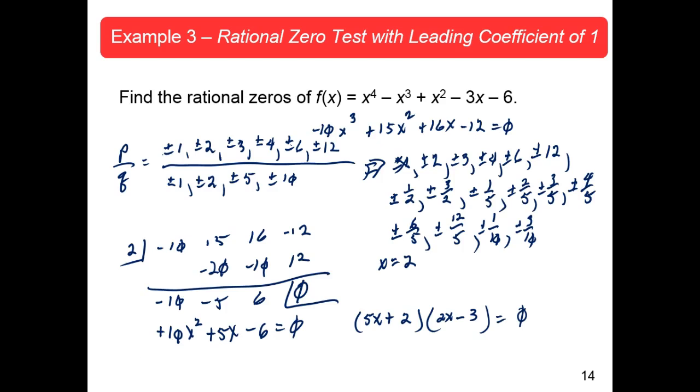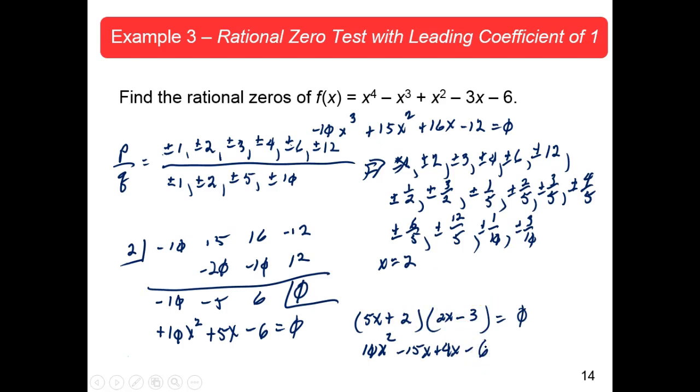Let's multiply it out. 5x times 2x is 10x squared, right? That checks. All right. Next, the outers, minus 15x, and the inners are plus 4x, and then the last terms are minus 6.